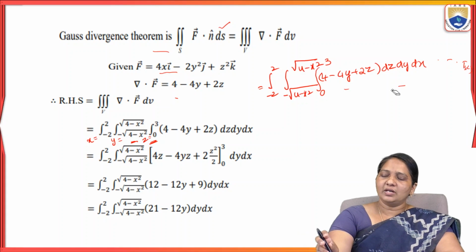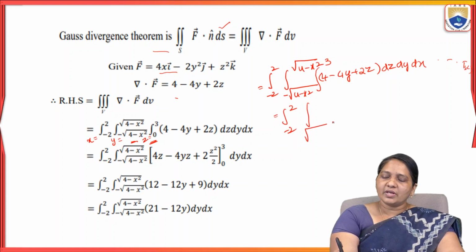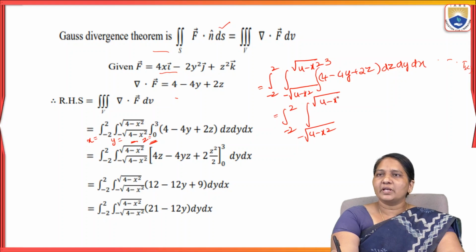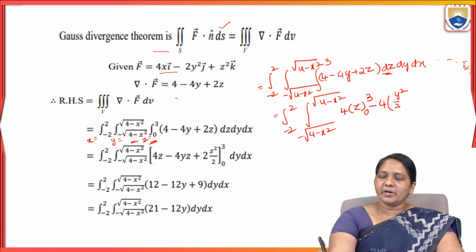First I am integrating with respect to z. So 4 is the constant, so integral dz with limits 0 to 3, minus 4 into y dy.